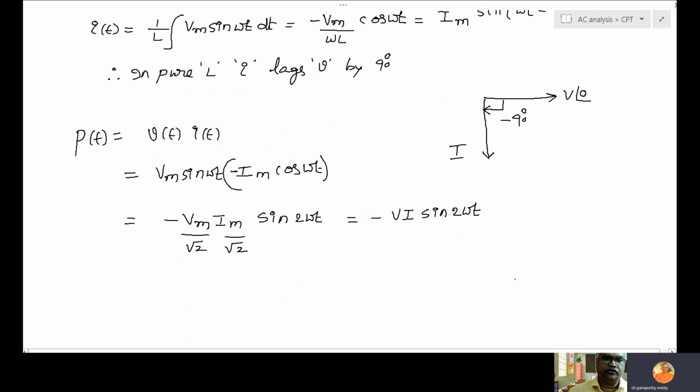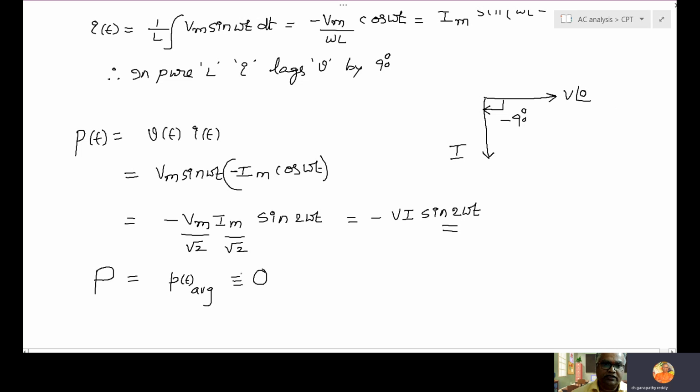So what is the average of this? Average is always indicated with a capital P. Capital P, the average of small p of t, is equal to 0 because it is a symmetrical sine wave. If you integrate, you will get 0.